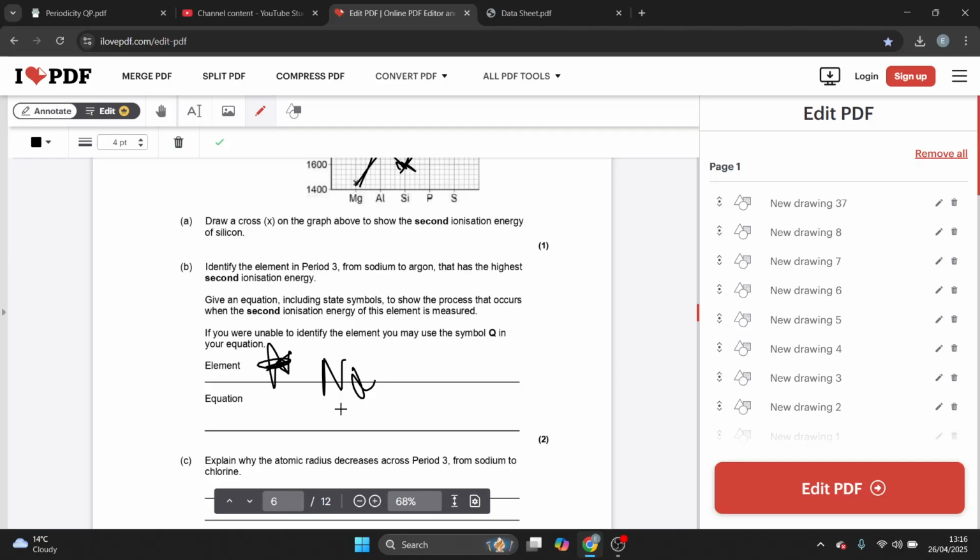Identify the element in period 3 from sodium to argon that has the highest second ionization energy.